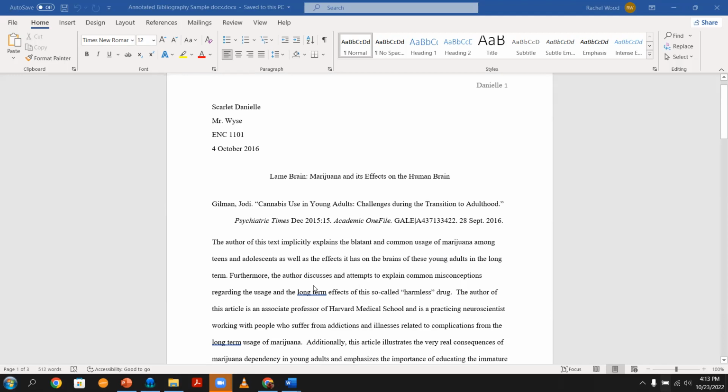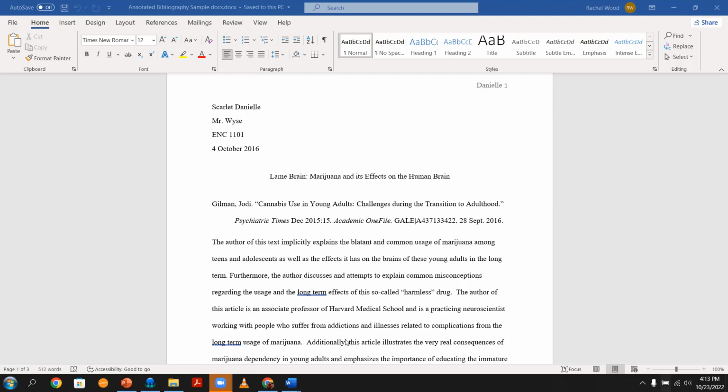Furthermore, the author discusses and attempts to explain common misconceptions regarding the usage and the long-term effects of this so-called harmless drug. The author of this article is an associate professor at Harvard Medical School and is a practicing neuroscientist working with people who suffer from addictions and illnesses related to complications from the long-term use of marijuana.